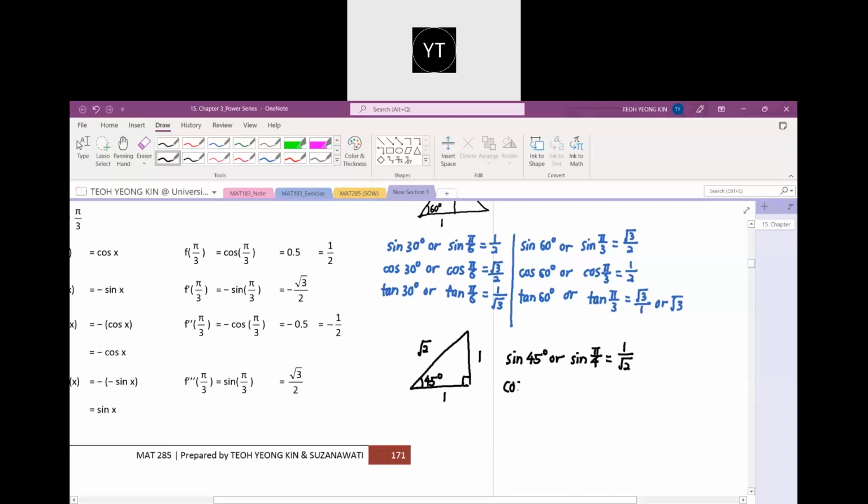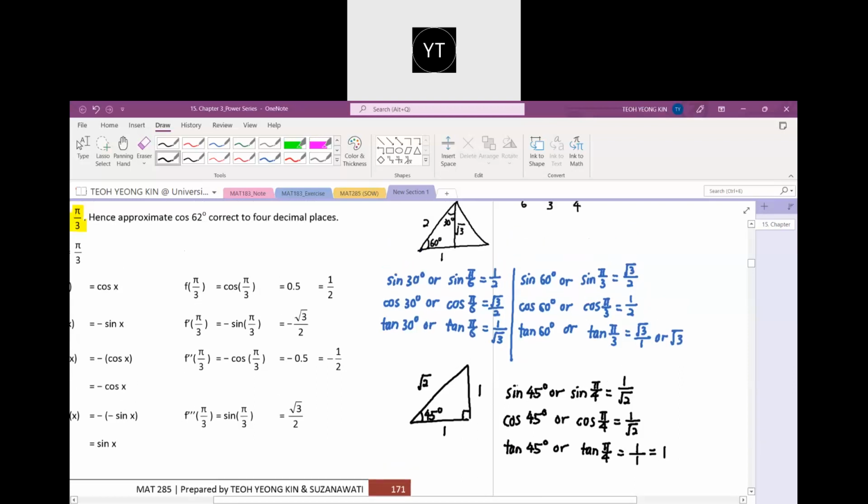Cos 45 degrees or cos pi over 4, adjacent over hypotenuse, again is 1 over square root of 2. Finally, tangent 45 degrees or tangent pi over 4. This is opposite over adjacent, 1 over 1, or I can write it as 1. So here are the special angles.